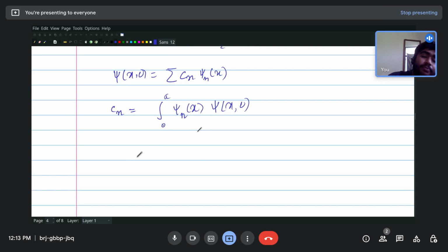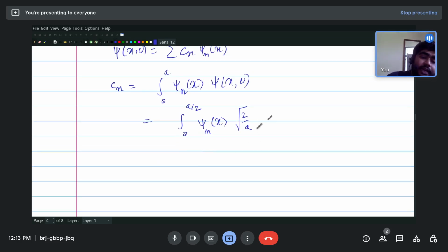Okay, so now we can plug in the psi x,0. So psi x,0 will give you non-zero only up to a by 2. So the integration becomes 0 to a by 2, and there is no other part. Okay, so psi n x, and this is just square root of 2 by a. So I'm missing a dx here. So then there will be the square root of 2 by a times sine of n pi x by a, and then there will be an additional square root of 2 by a.